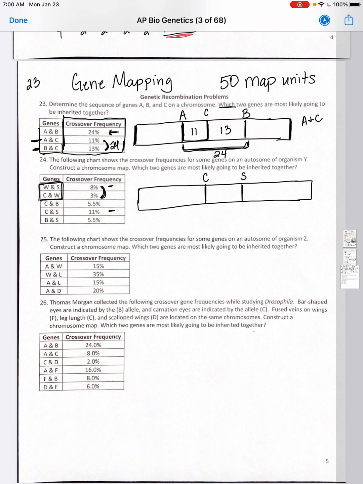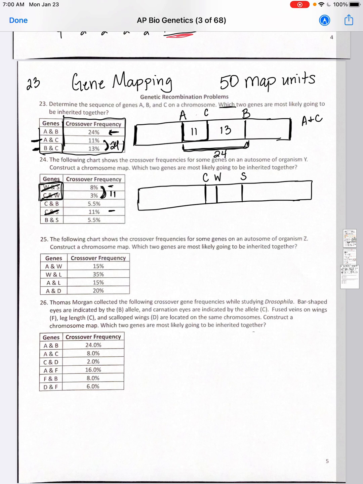Now what do these add up to be? 11. Just like up top, that's telling us W is between C and S. But it's obviously quite a bit closer to C. So there's going to be my W.